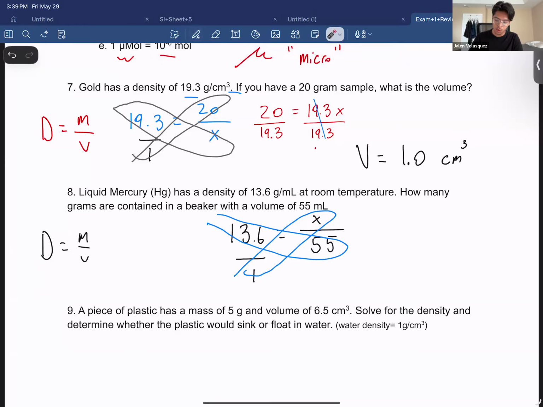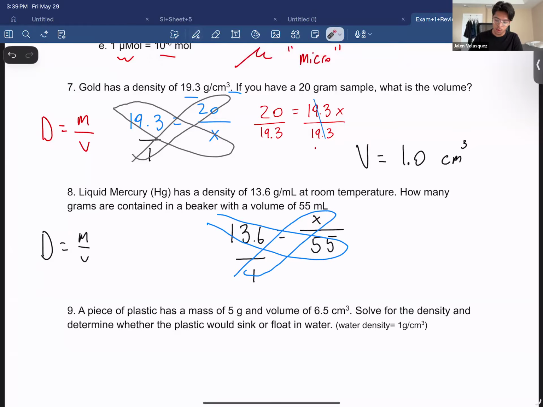Can we respond with 748 grams? Is this following our significant figures? So this number 748 has three significant figures, right?